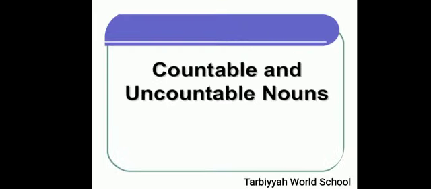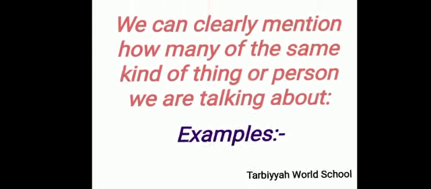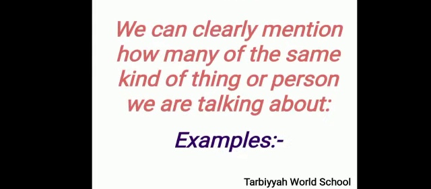Now, let's learn about countable and uncountable nouns. So, what are countable and uncountable nouns? It's all about the singular and plural form of nouns. In the case of some common nouns, we clearly mention how many of the same kind of things or persons we are talking about.